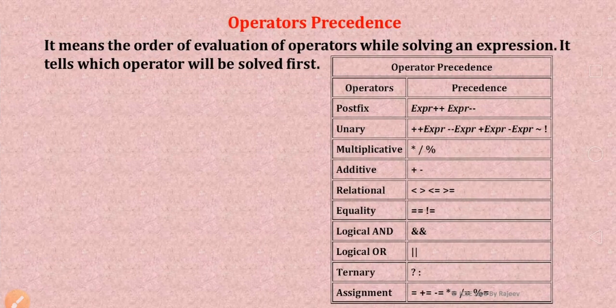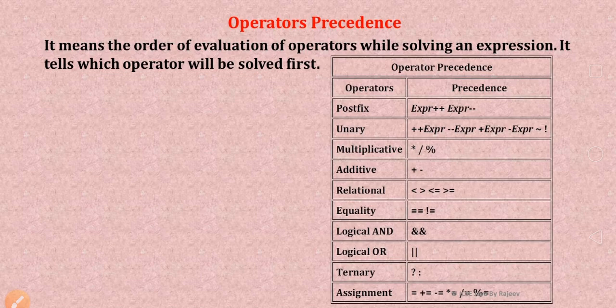So last topic of today's video is operators precedence. So operators precedence is the order of evaluation of operators while solving an expression. It tells which operator will be solved first.